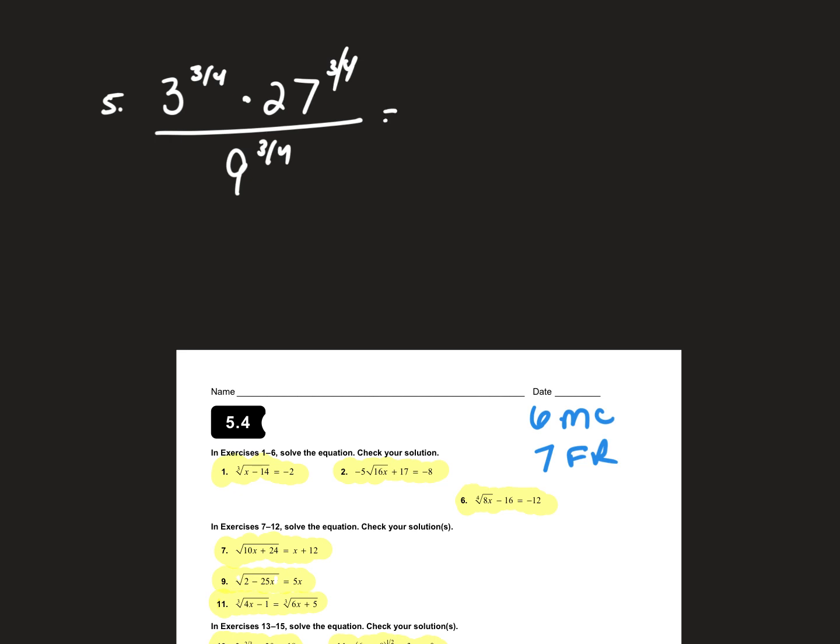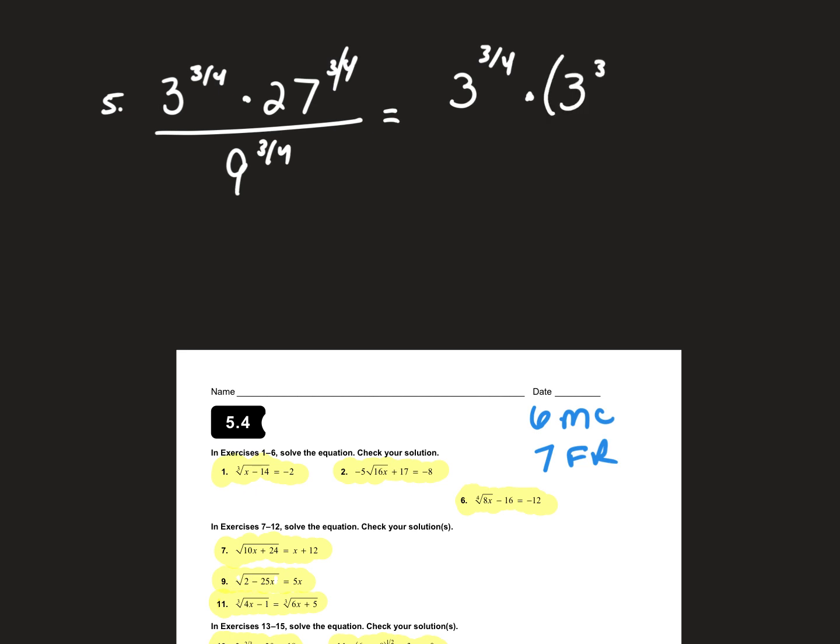What do you notice they all could be turned into? What could we have the same base for all of these? 3, right? I can leave 3 to the 3/4 just like that. What's another way I could write 27 as a base of 3? 3 to the what power? 3 to the 3rd power, okay.